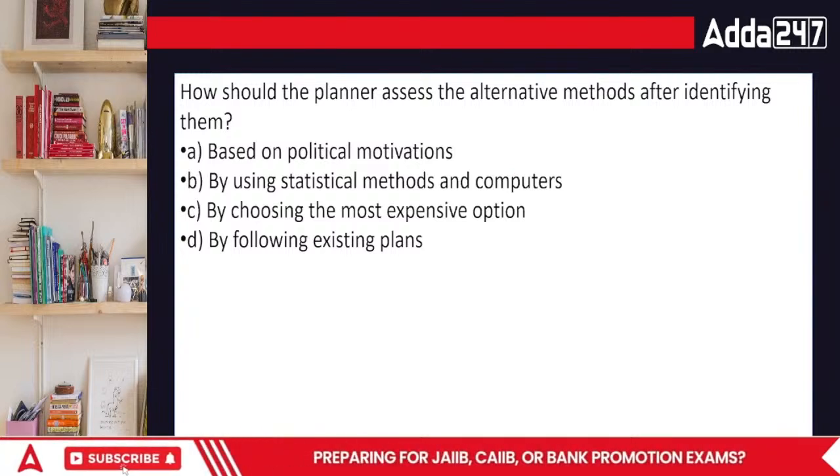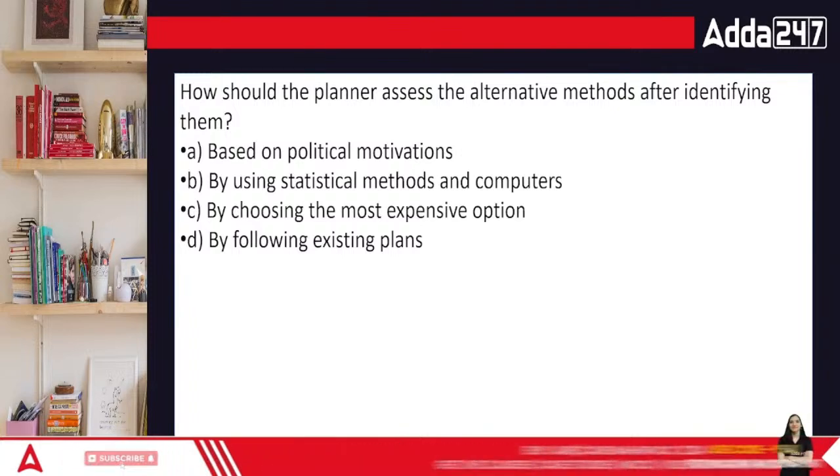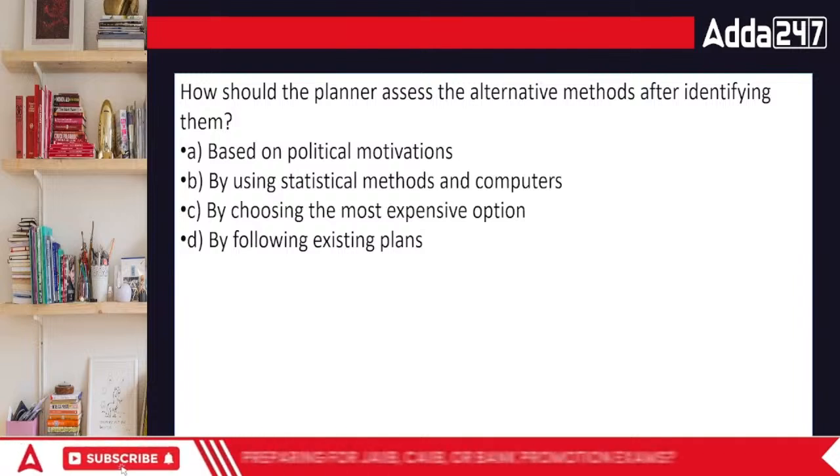Okay, next pointer. How should the planner assess the alternative methods after identifying them?